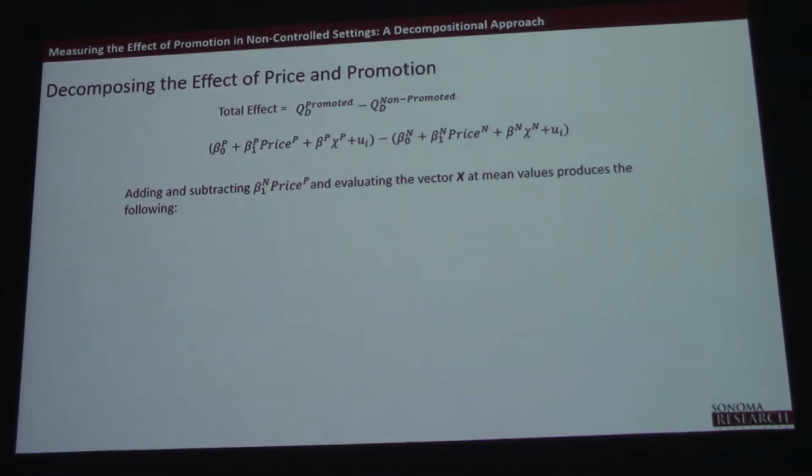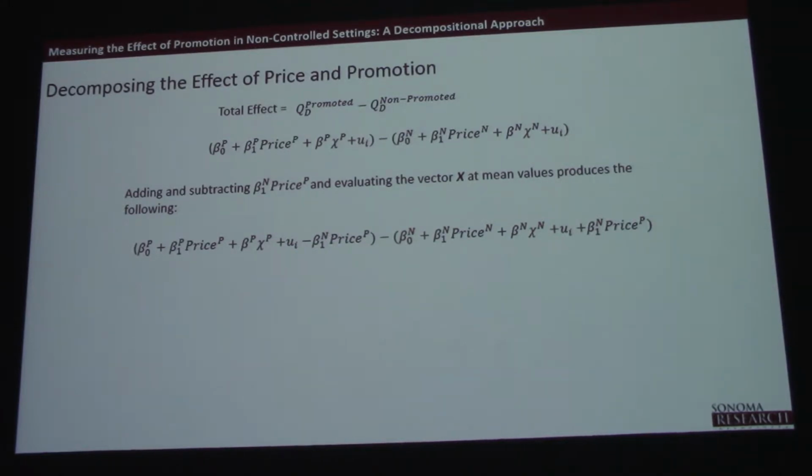And if you add and subtract the exact same thing, what have you done? Nothing. You've done nothing, exactly. They're going to cancel out anyways. But what we're going to be able to do is manipulate the equations so that we can isolate those effects.